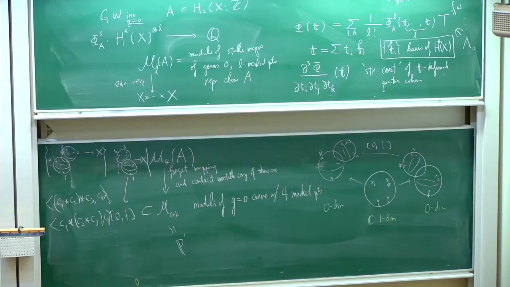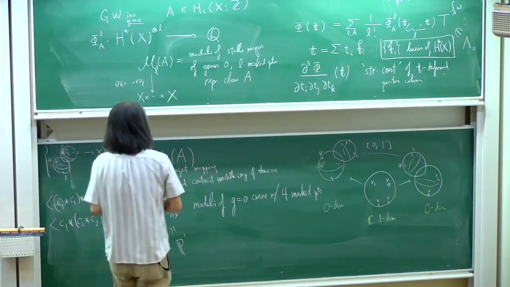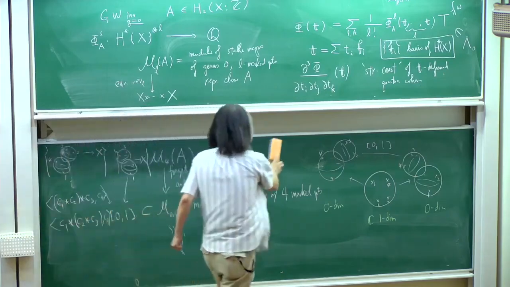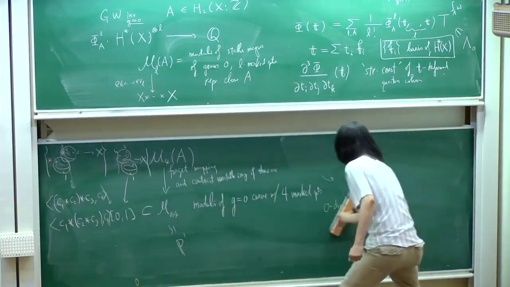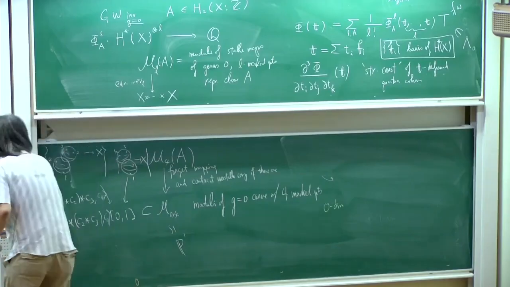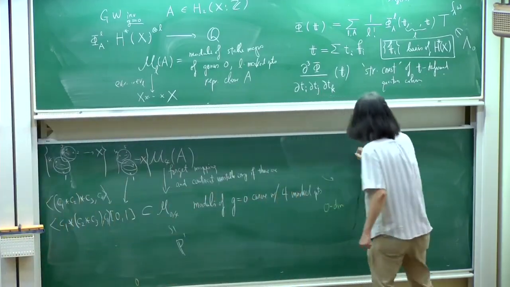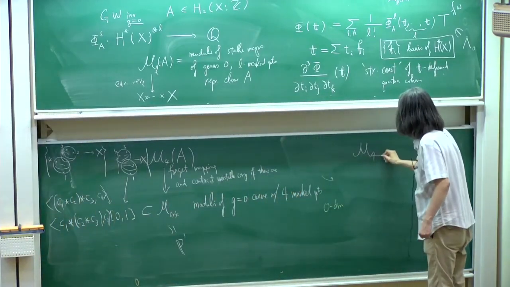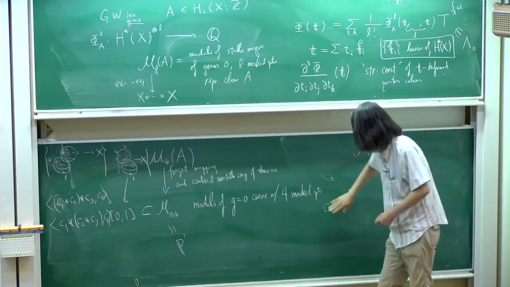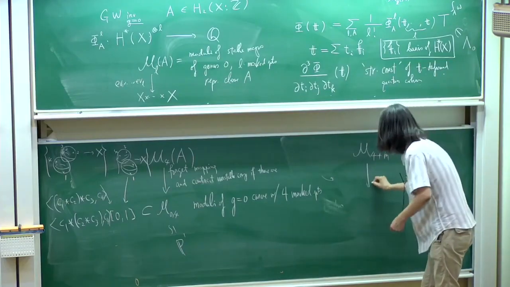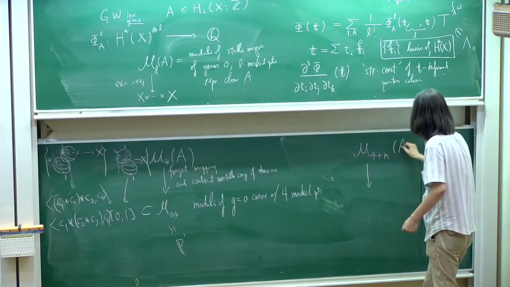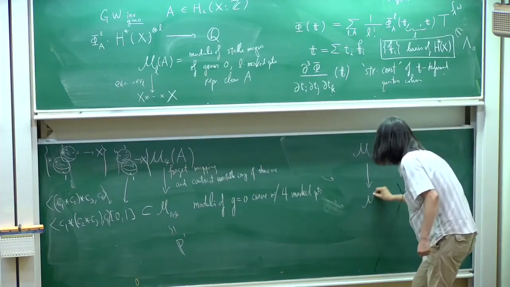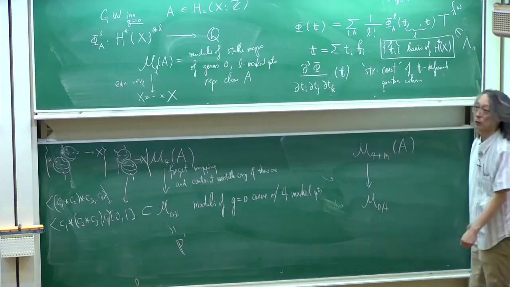And if you have this, the story is almost the same. What we do is only this. I have a map from M_{4+M} to M_{0,4}.